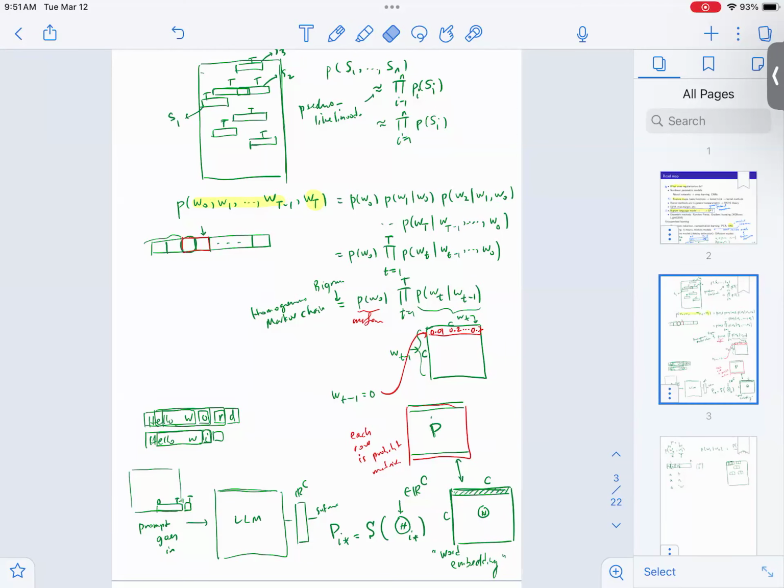So this is really a homogeneous Markov chain, homogeneous because the transition probabilities are the same: if I have word x at t minus 1, what is the chance I observe word y as the next step? So imposing the Markov assumption and homogeneity, I get the so-called bigram model, because this probability can be written as a product.